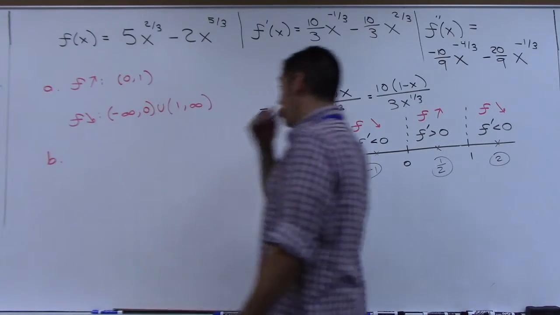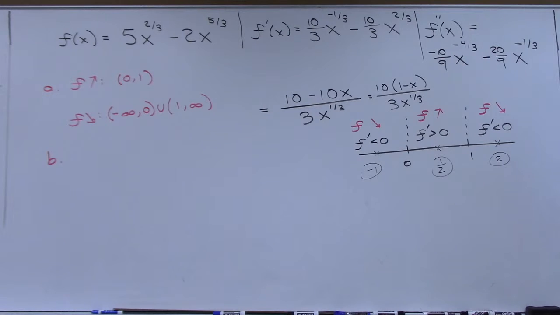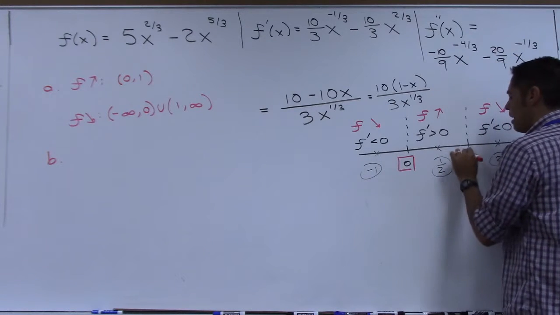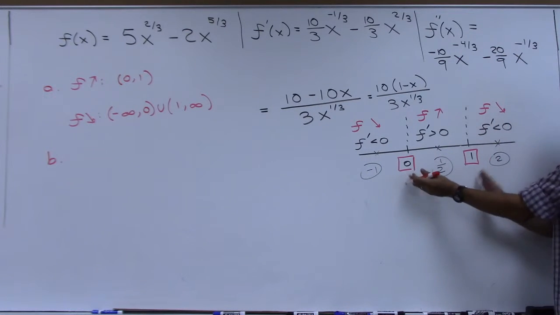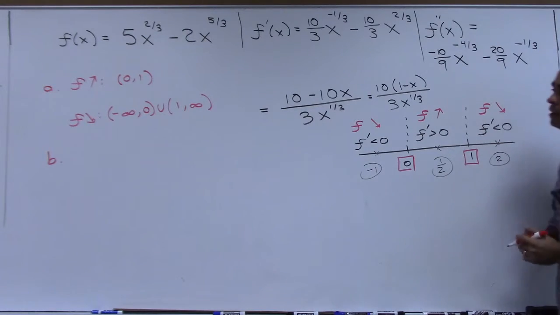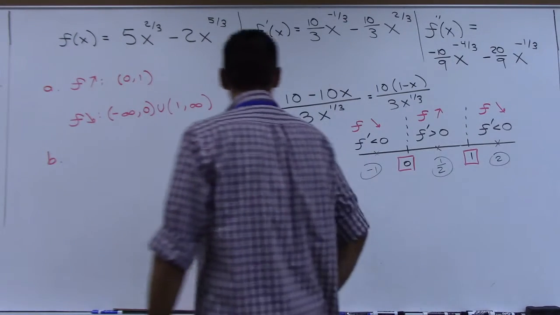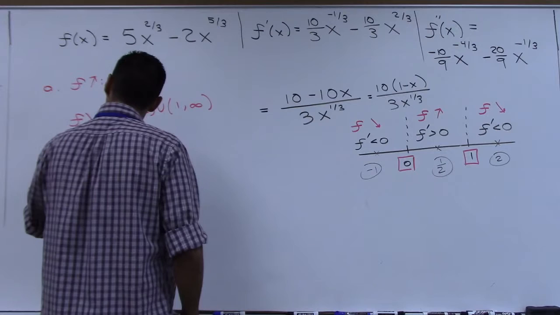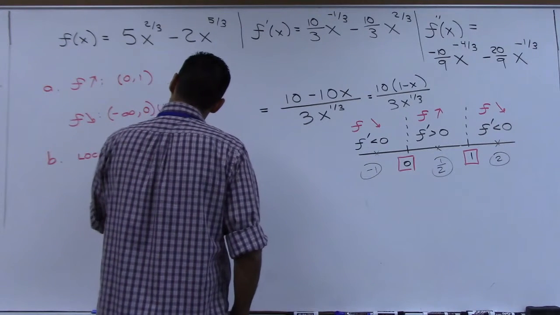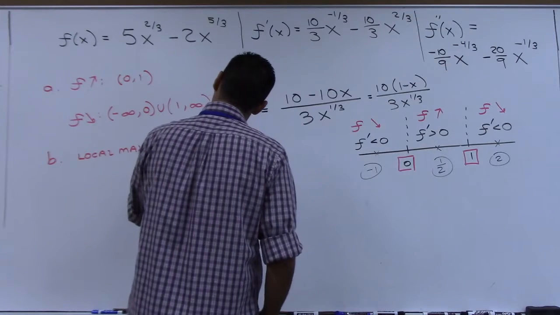All right, so part B, local max and min. We already looked at this earlier, but in order to be talking about max and mins, those points have to be in the domain of the original function, which they are. We checked it earlier. So where does it appear that we have a local max? At x is what? 1.